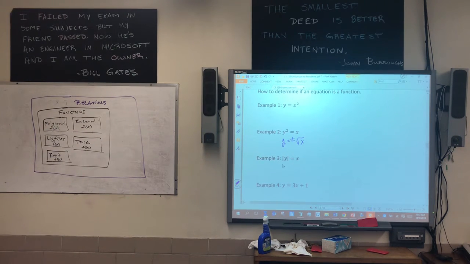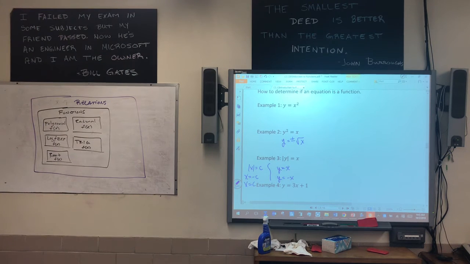What about this one? Remember what the absolute value, remember we said like absolute value of x, when that is equal to c, we said x was equal to negative c, or x was equal to c, right? It's the same thing, it's just different variables. Now we're saying y is equal to x, y is equal to negative x, right? Okay?